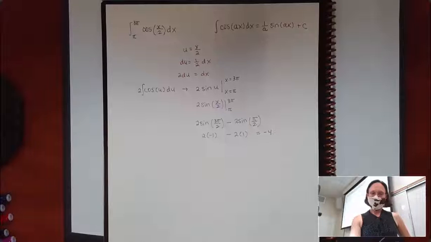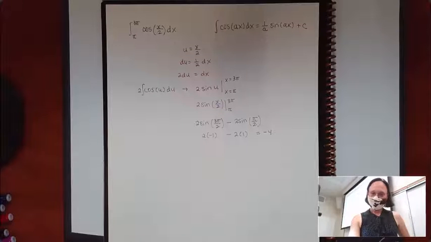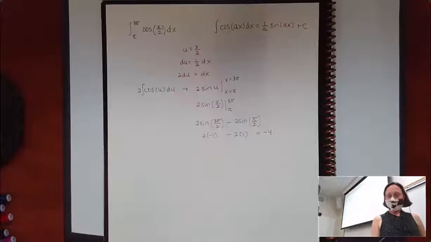Should we look at the messiest one or the nicest one? They're all n equals 10.